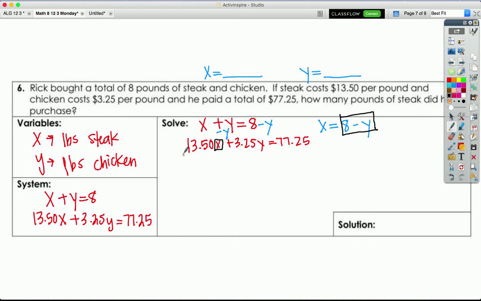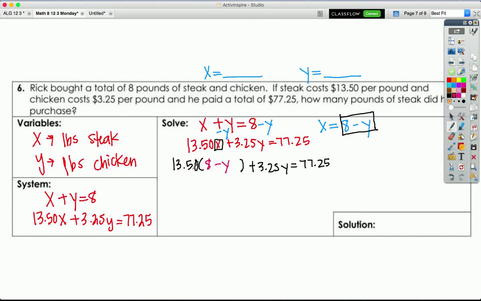So let's set it up. And the x variable's gone because we're replacing it with 8 minus y. We're using substitution this time.